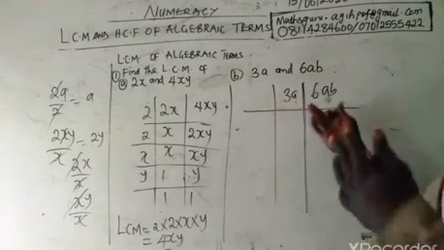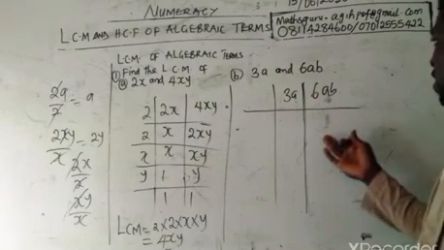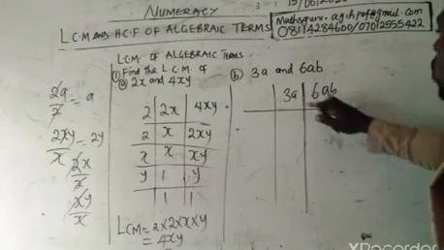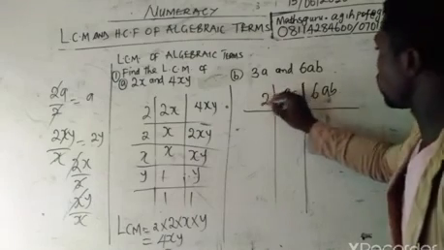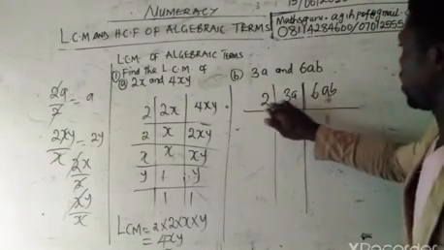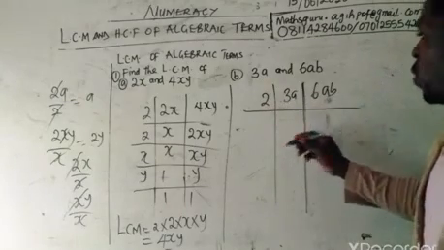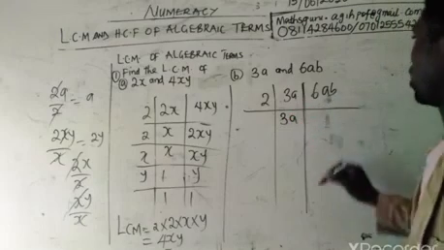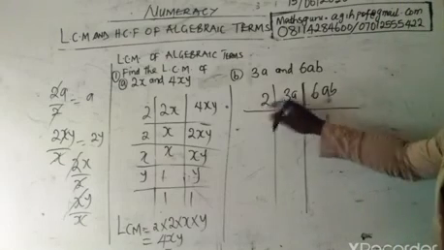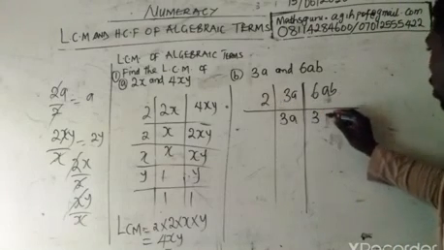We can decide to begin with 3. It will not affect anything here. But let's begin with the lowest number that can go into this and this, which is 2. 3a divided by 2, since we cannot have a whole term, let's retain 3a. 6ab divided by 2 will be left with 3ab.